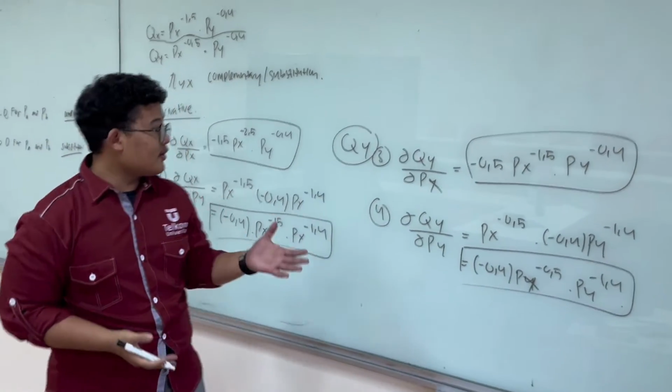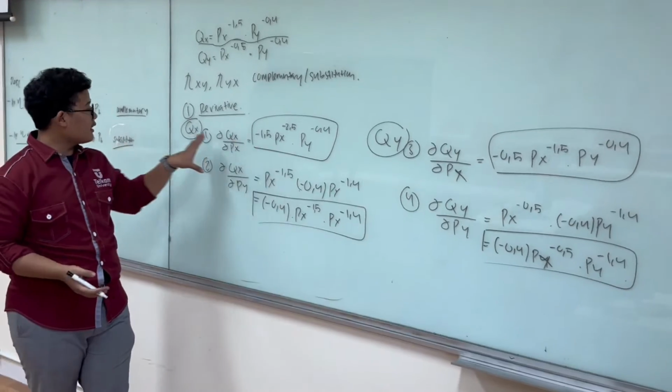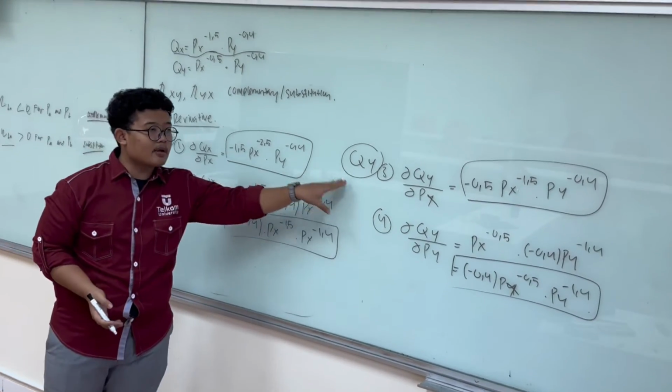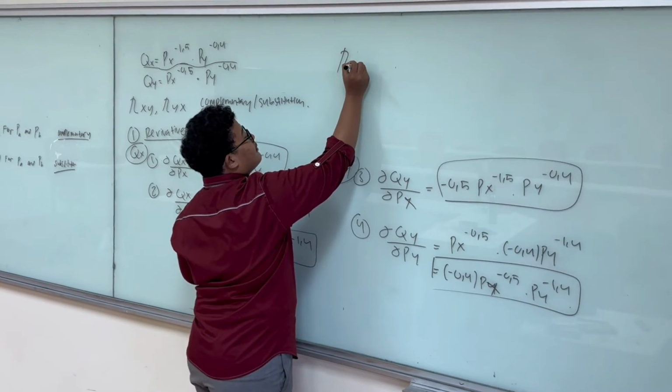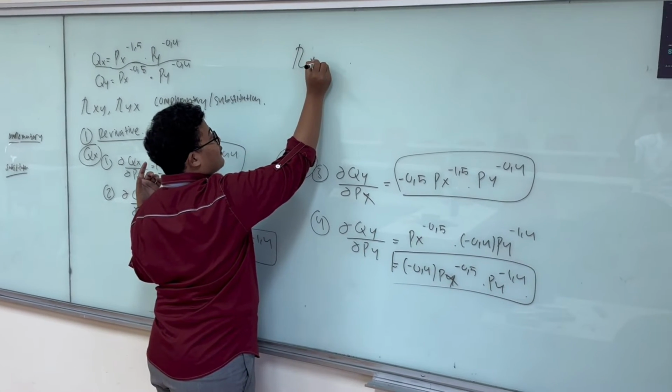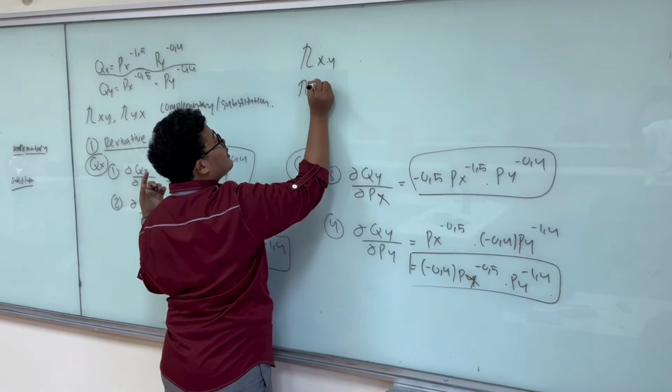Now we got all the derivatives from quantity of product X and quantity of product Y. Now we want to find out the nu of product X and Y, and nu of product Y and X.